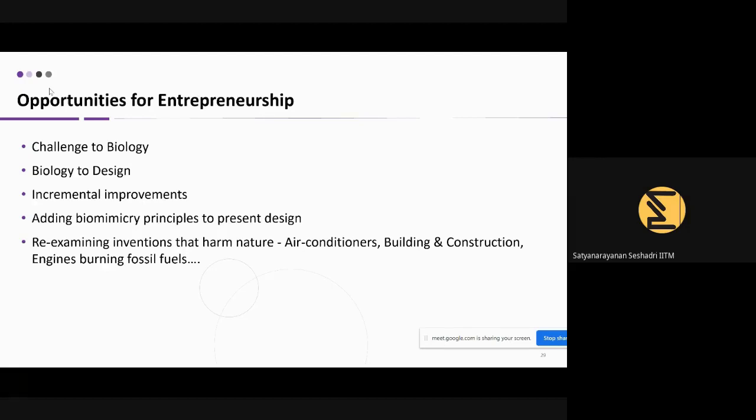If we have a good quality environment, we are obviously more productive. At the same time, transportation, instead of a better IC engine, it is more about better mobility. What does it take for me to move from one place to the other in the most efficient way? So that's the way we want to look at the problem rather than looking at it from an existing technology perspective. Yeah. Thank you, Satya.